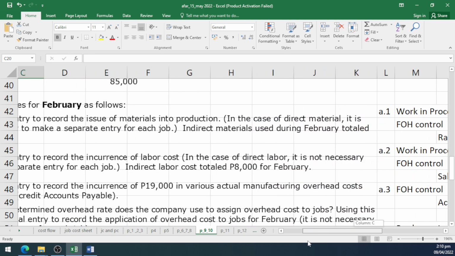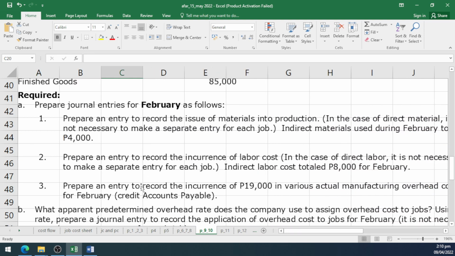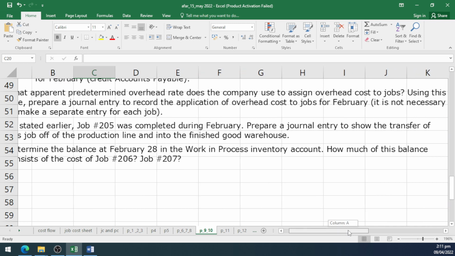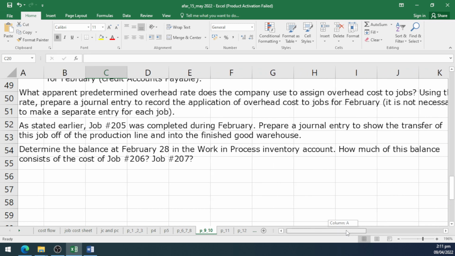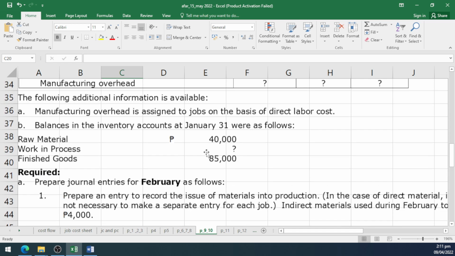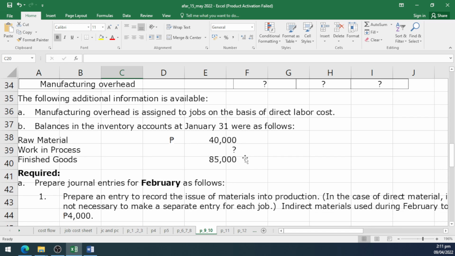Next. Requirement letter B. What apparent predetermined overhead rate does the company use to assign overhead cost to jobs? And using this rate, prepare a journal entry to record the application of overhead cost to jobs for February. Okay, as said earlier, the overhead is applied on the basis of DL cost.